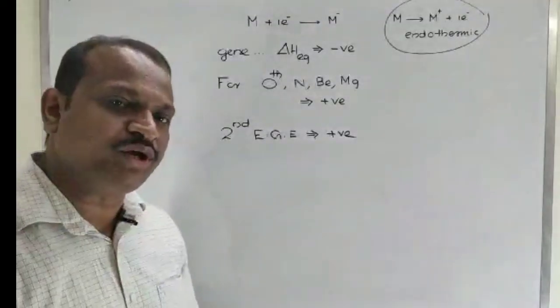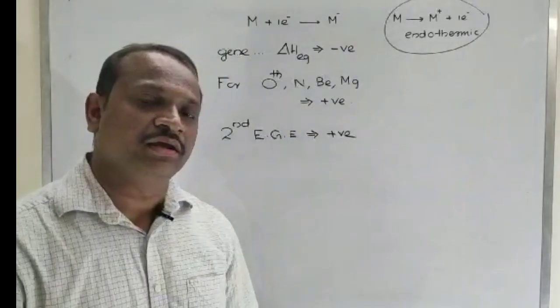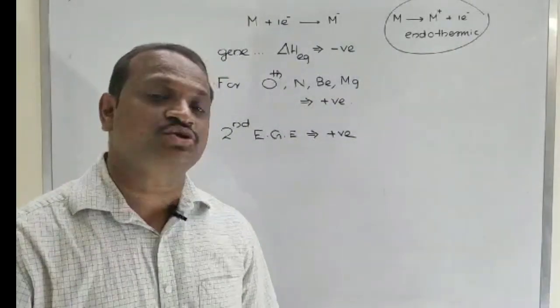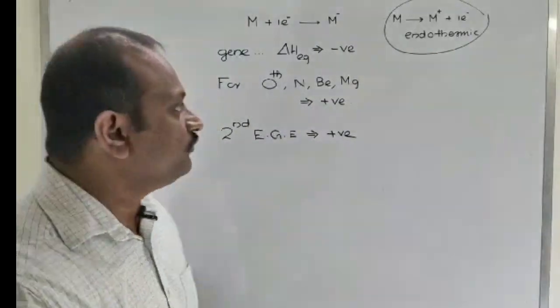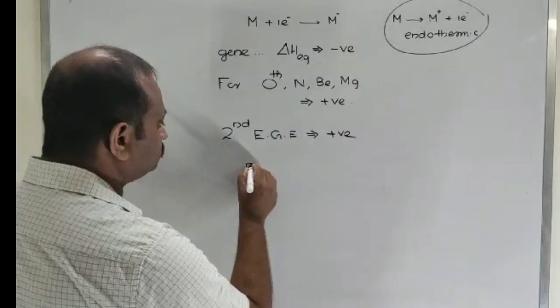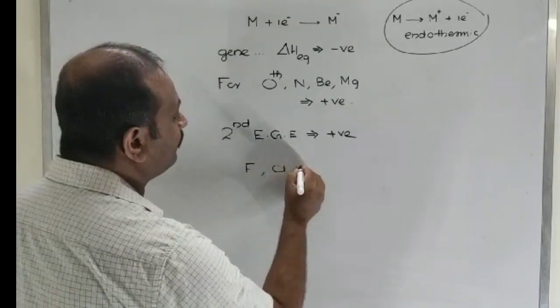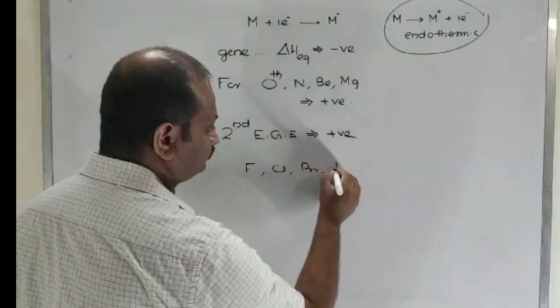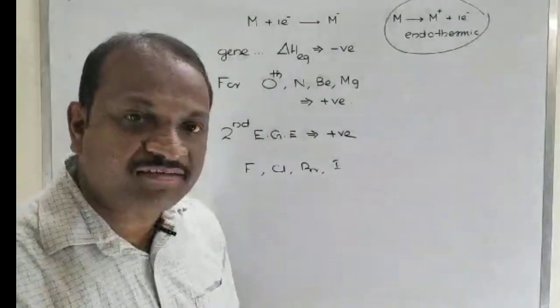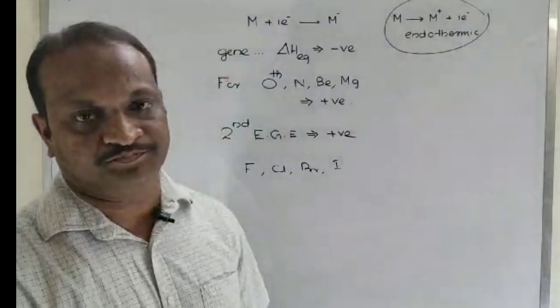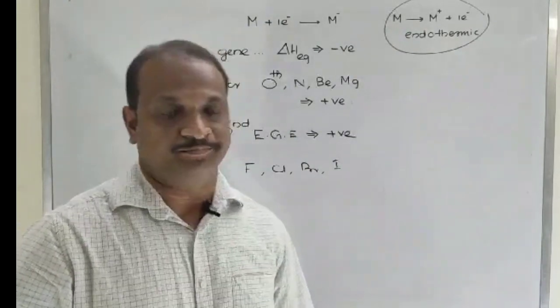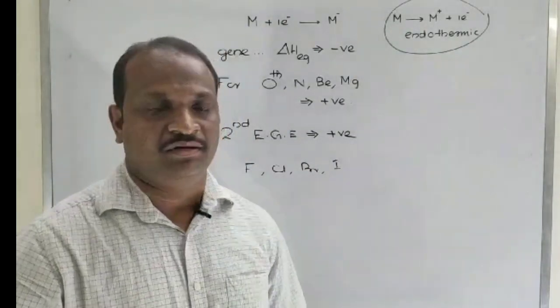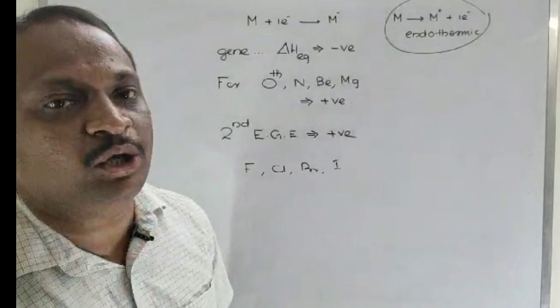One more point to be noted here is regarding the halogens' electron gain enthalpy. So we have fluorine, chlorine, bromine, iodine. Which one has the highest electron gain enthalpy? We normally say it's fluorine, but it's not fluorine, that is to be noted.